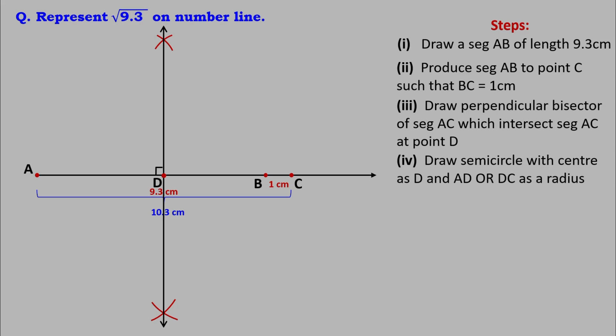Now draw a semicircle with center D and AD or DC as the radius.